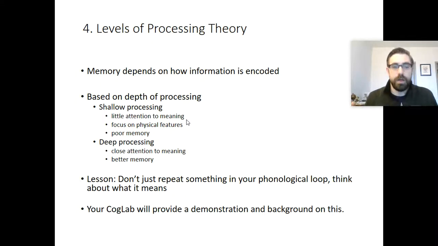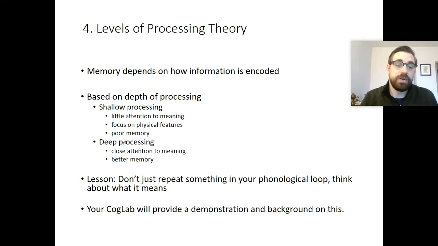So rhyming, what it looks like, just repeating a word over and over again and just hearing it in your phonological loop, that's shallow processing of information. Highlighting information and seeing it in yellow versus black, that yellow color is pretty shallow processing of the information.